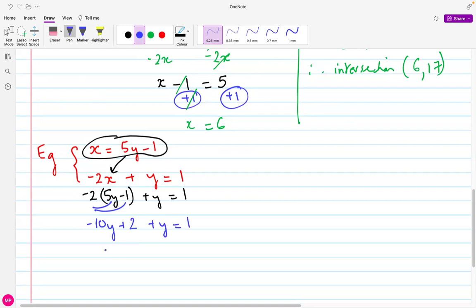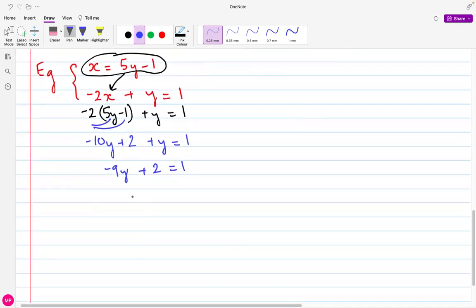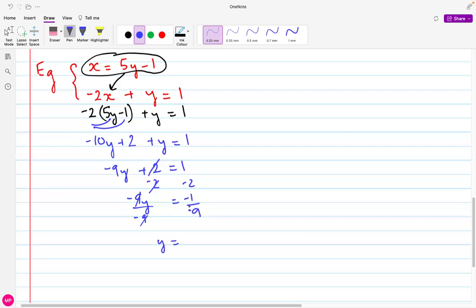Negative 10y plus y, negative 9y plus 2 equal 1. So you would take 2 off both sides. Negative 9y equal negative 1. Then you divide by negative 9. You would have y equal negative 1 divided by negative 9, which is 1 over 9.